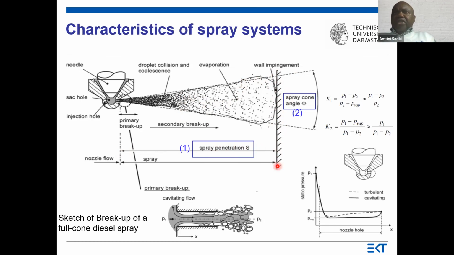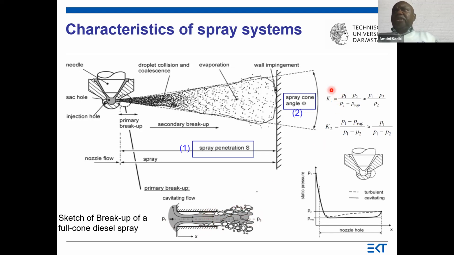We can also have some problems within the nozzle if the inflow pressure is not equal to the outflow pressure. And then we have some difference of pressure here within the nozzle, so that this can lead to some cavitation.